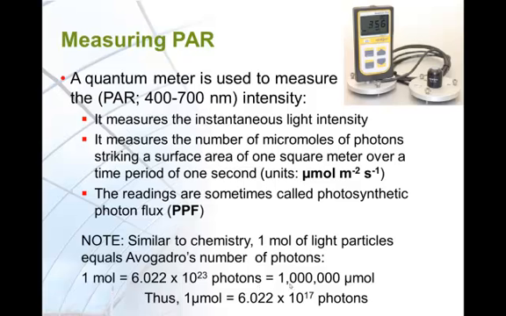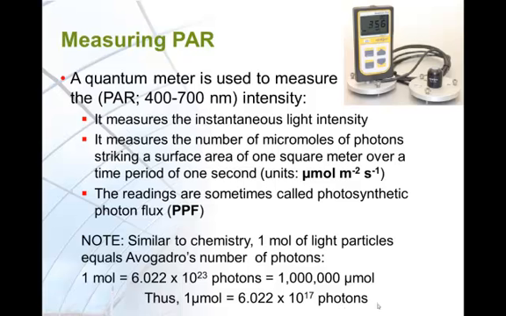And that is actually 1 million micromoles. Micro is a prefix to show 1 over 1 million. Therefore, if you express 1 mole using micromole as the unit, it is 1 million micromoles. Therefore, 1 micromole actually means 6.022 times 10 to the power of 17 photons.